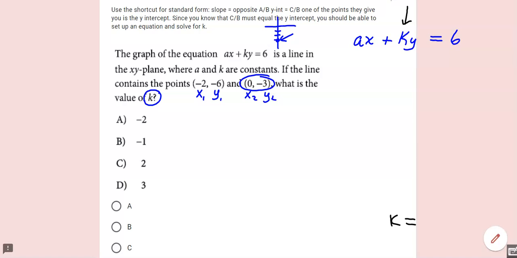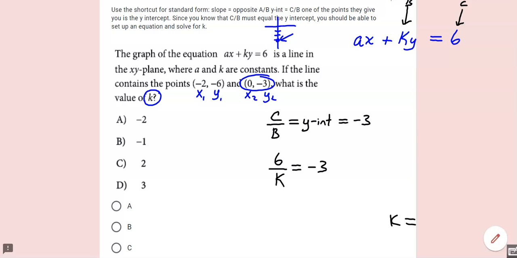Well, let's do a couple things here. I know that to get the y-intercept, c over b is how you find the y-intercept. And they told me that the y-intercept has to be -3. Well, c over our b is 6 over k. So 6 over k has to equal -3. All right? So you might be able to do this in your head.